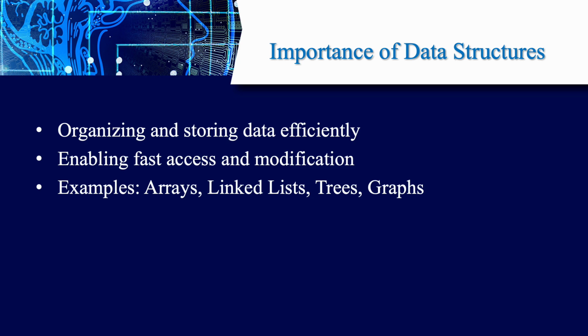But if I don't know in advance how many items I'll need to add, or if I need to keep inserting and deleting data frequently, then an array won't be enough. So we have to use something like a linked list.